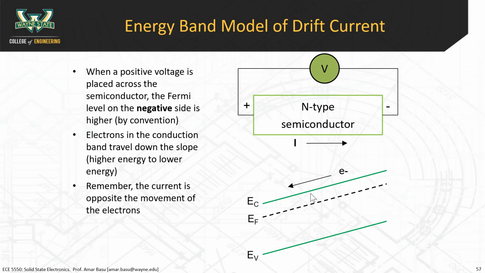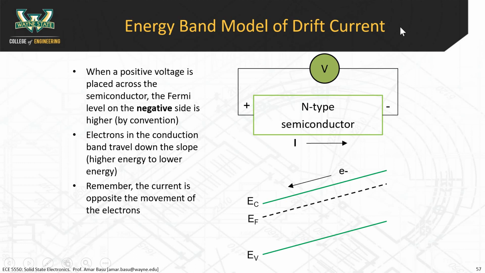The second thing is that at equilibrium, the Fermi level was flat. It was a horizontal line. Remember that? We looked at that for a semiconductor in equilibrium. When you add a voltage across the semiconductor, the Fermi level on the negative side is higher by convention.